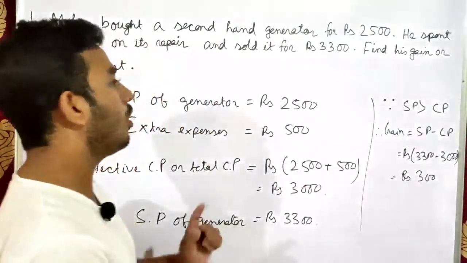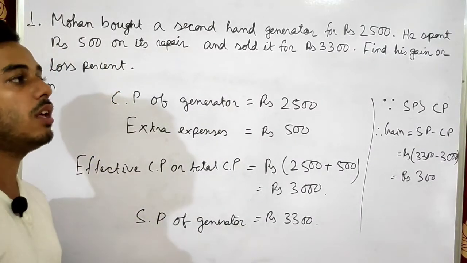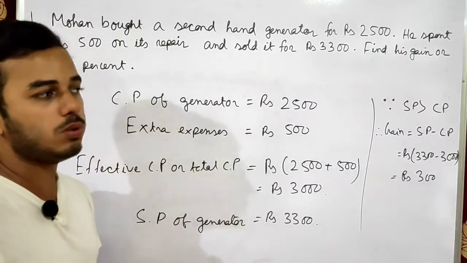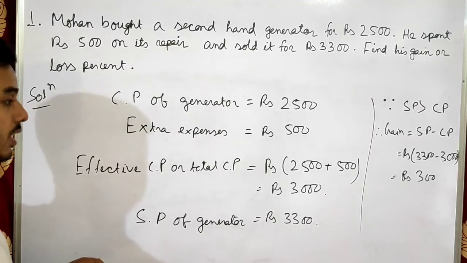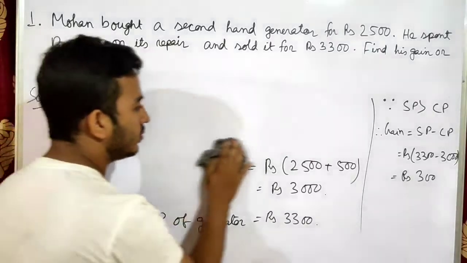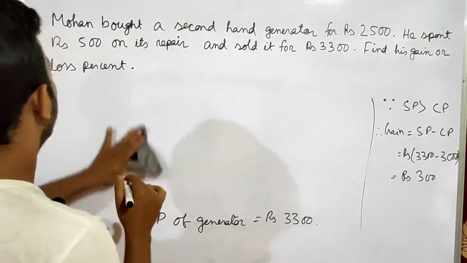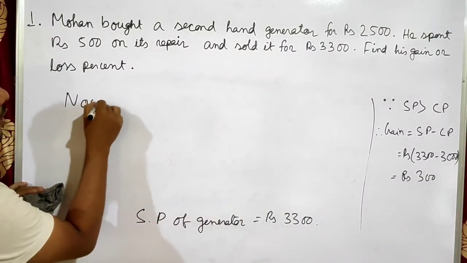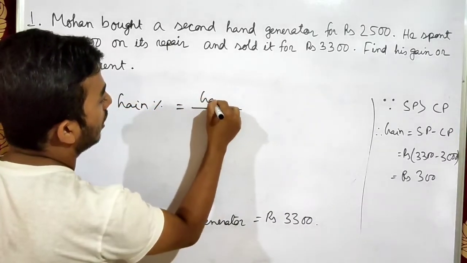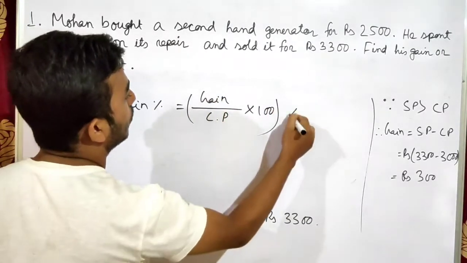Now we have to find the gain or loss percent. We can easily find it using the formula. Here this is a gain, so we'll find the gain percent. Gain percent is gain by CP into 100, and put the percent sign.